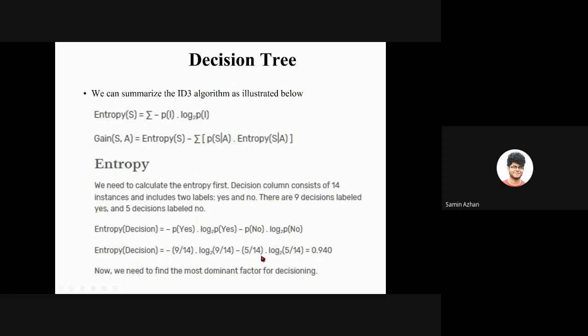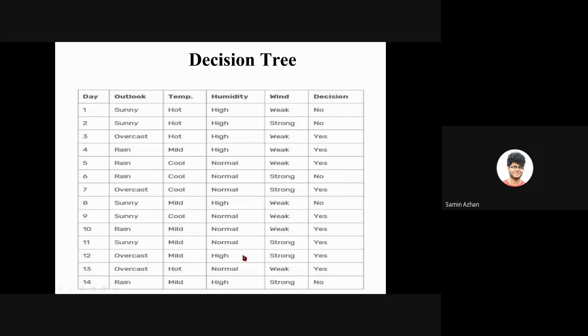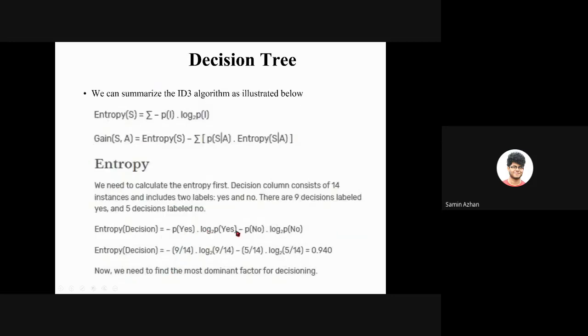How did we come to this value? We used the very first table, the table given to us, and calculated the yeses and the no's. We used the probabilities of yes and no in the same equation for entropy, and we got this value, 0.94.